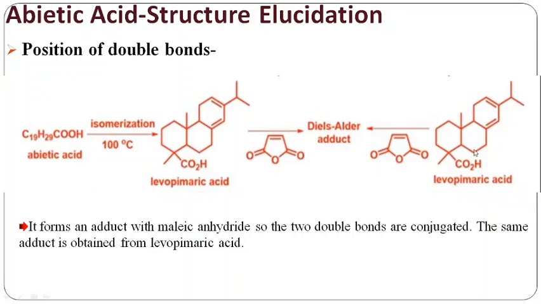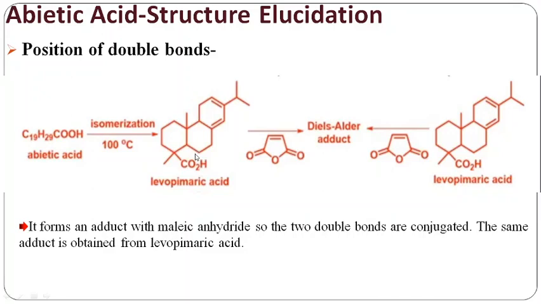Since both structures gave the same adduct, the scientists were at first puzzled. They thought the structures were the same, or they could not reach any conclusion with the help of this reaction. That means this reaction was misleading.